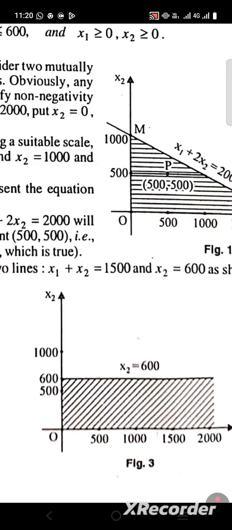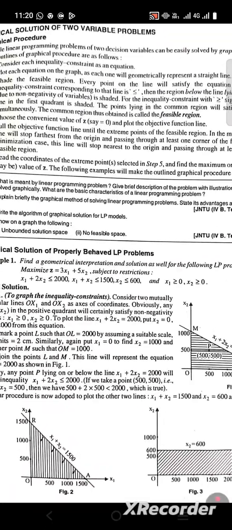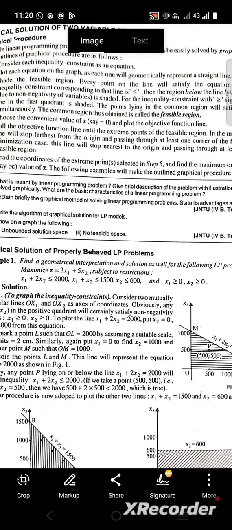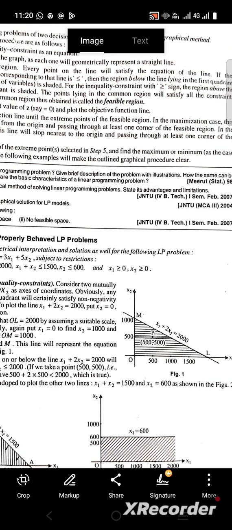We have drawn the three constraints, that is x1 plus 2x2 less than or equal to 2000, x1 plus x2 less than or equal to 1500, and x2 less than or equal to 600.